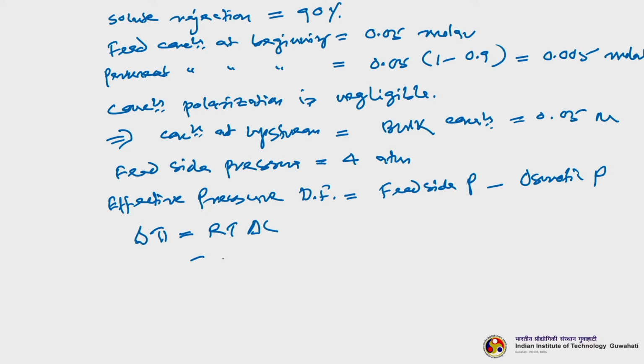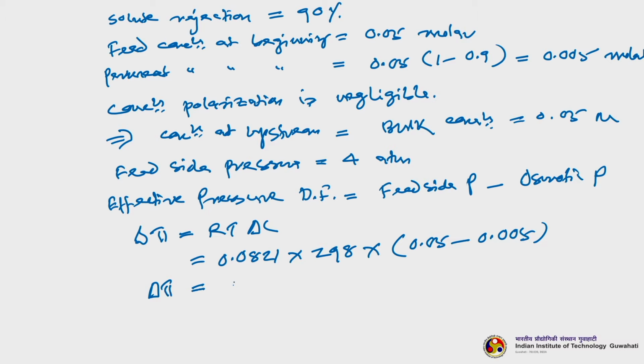We can take R equals 0.0821, into temperature, which is given 25 degree centigrade, that is 298 Kelvin, into delta C equals 0.05 minus 0.005 in moles. That is what we have calculated. So, here delta pi equals 1.10 atmosphere.